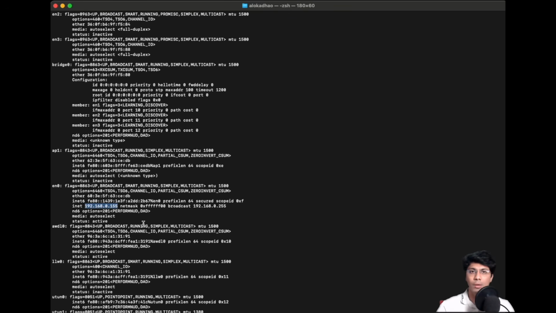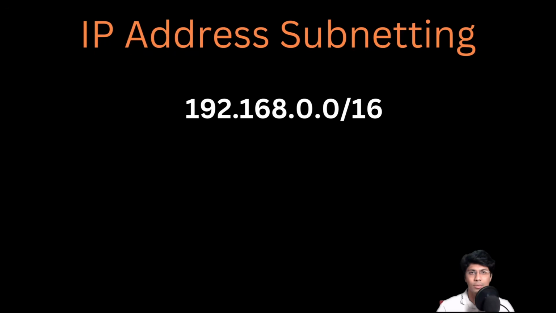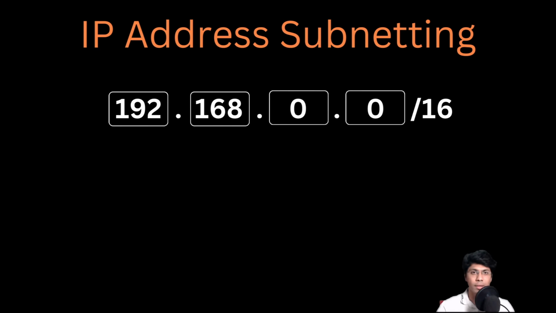So now you know that the task is to create a private address space with a class C address, which is 192.168.0.0/16. Let's understand what these numbers separated by dots are. These are called octets.